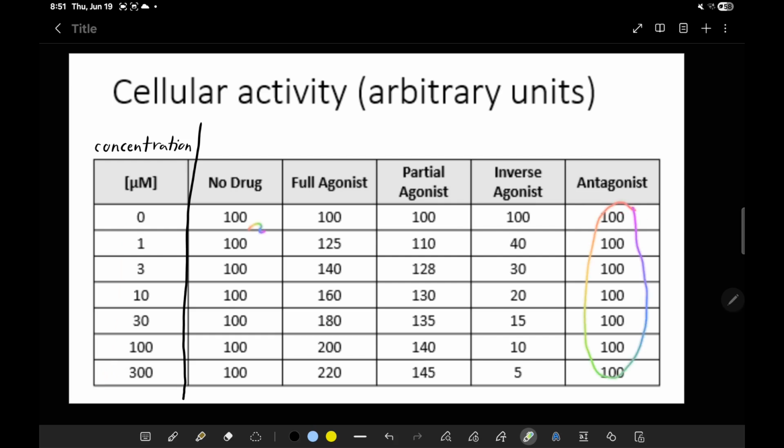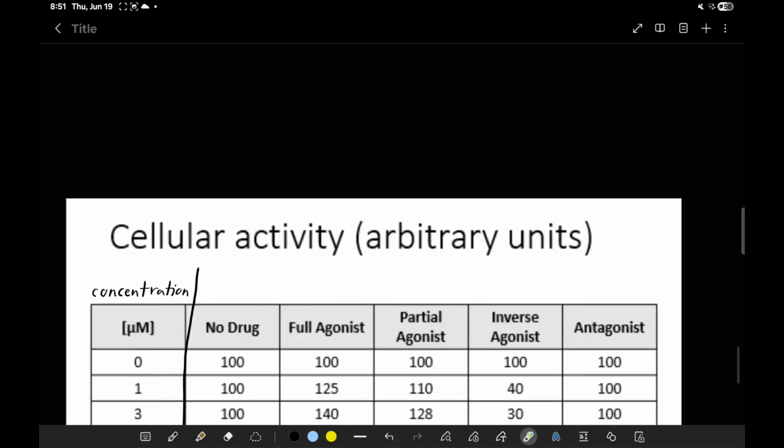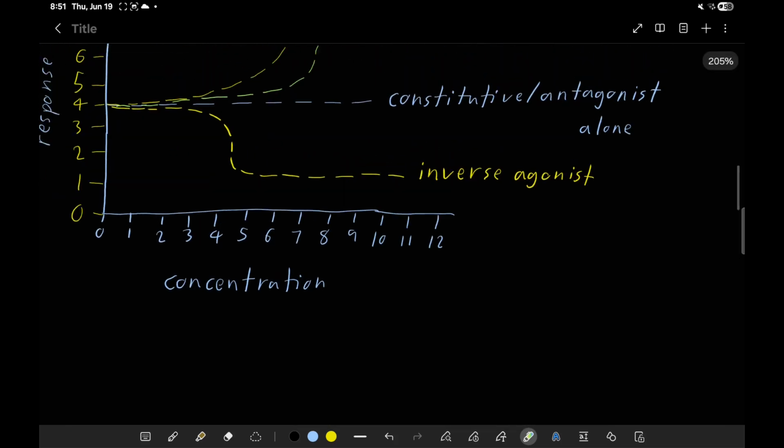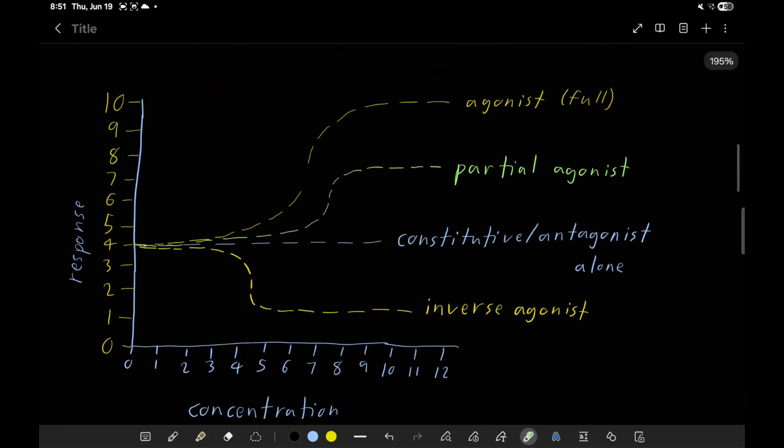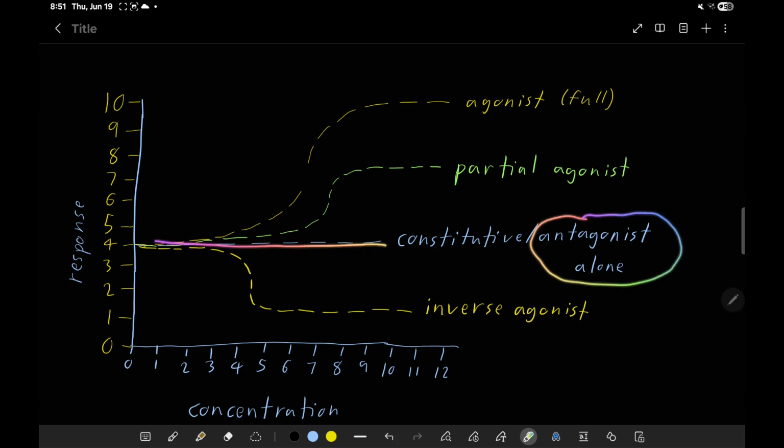So this column is identical to when you don't have a drug, because antagonist on its own just goes and blocks receptors. It doesn't change their conformation, so therefore it doesn't produce a response. And this is synonymous with our dose response graph, where when we add an antagonist alone, the line is the exact same as constitutive levels.